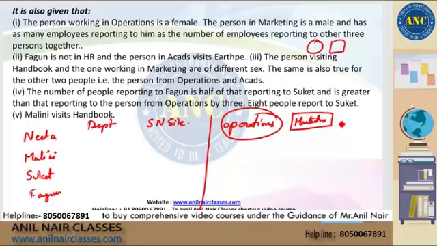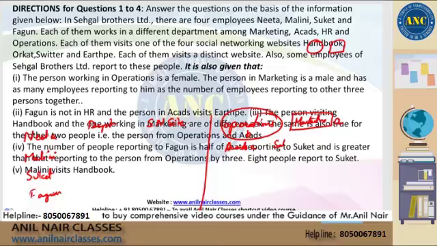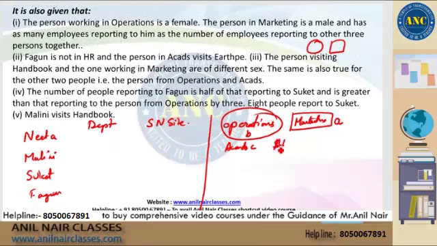So let's assume the number of people reporting to marketing is A, operations is B, ACADS is C, and the fourth department, HR, is D. So what they say is A equals B plus C plus D. That's the meaning of the statement. So marketing has the highest number of employees reporting.